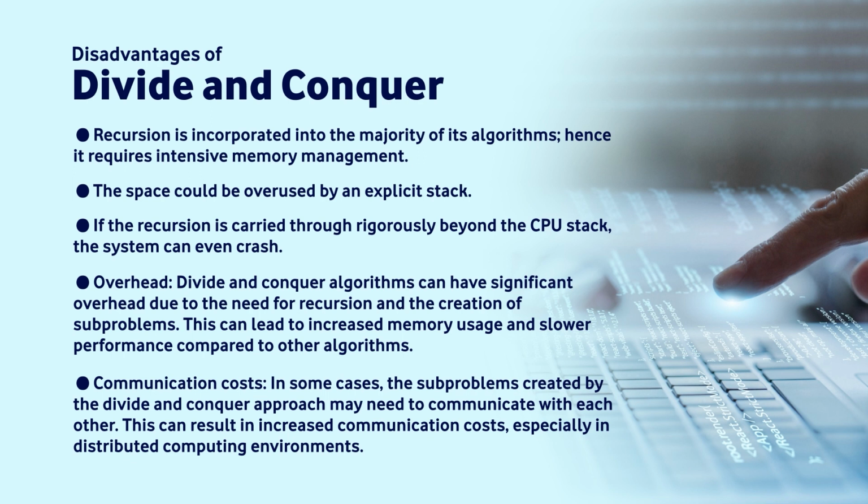Most divide and conquer methods will always use recursion, so it requires intensive memory management. Why is it so? Because recursion is a procedure in which a function calls itself again and again. Something like, if you have written a function A inside the function you are again writing A.